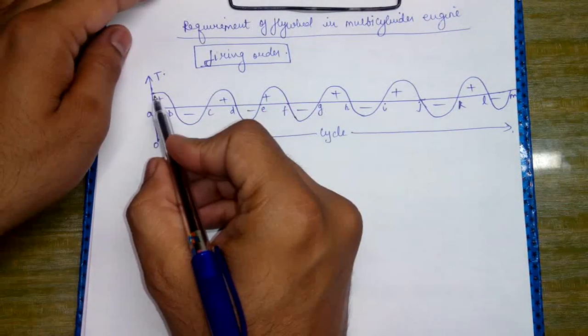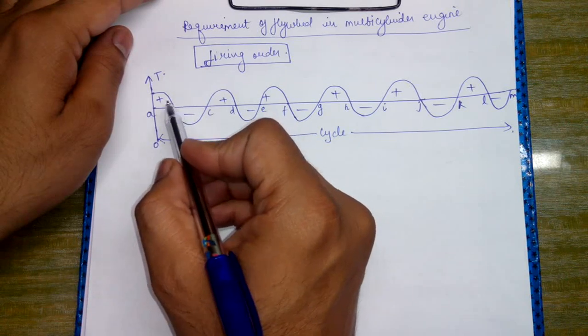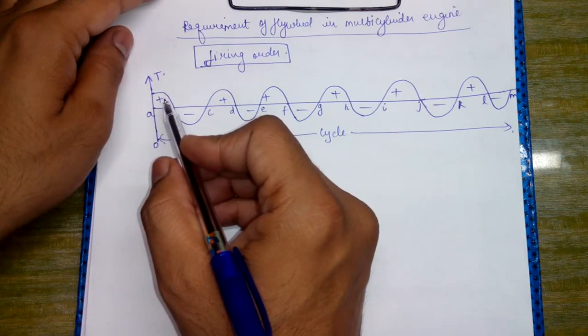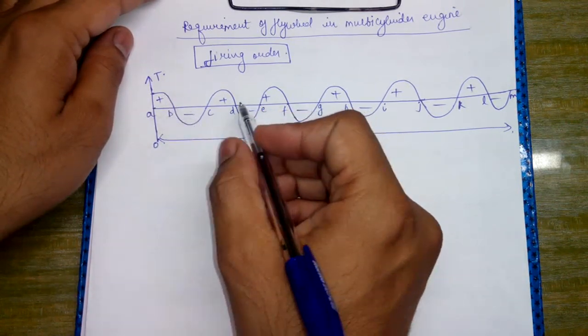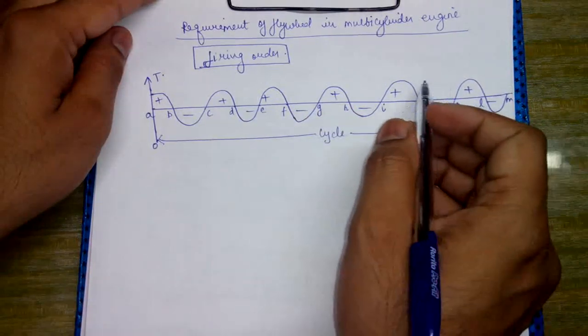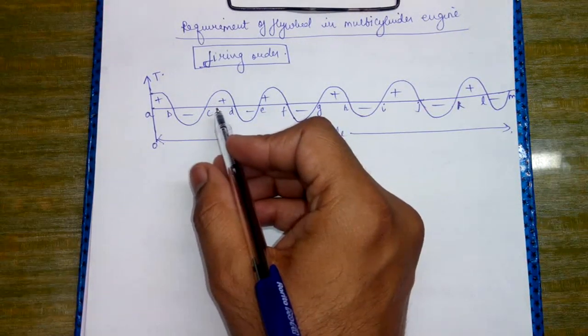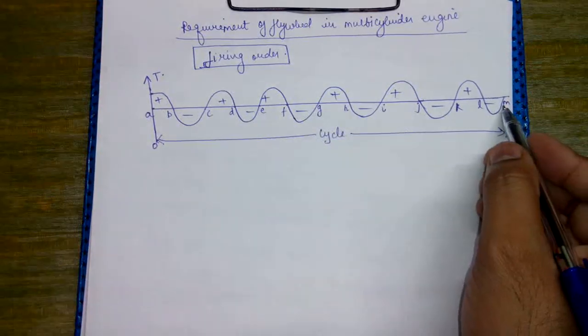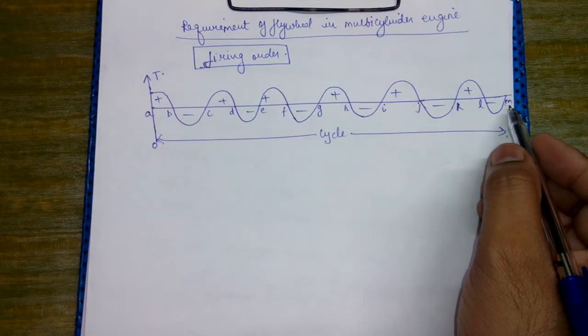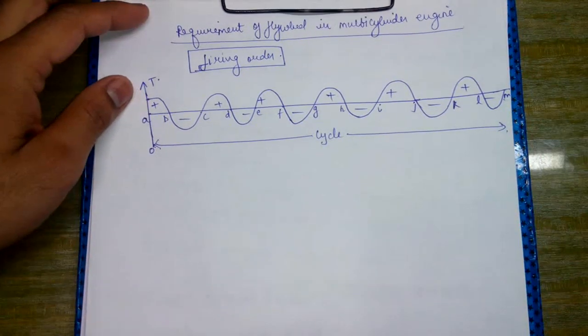Some of the areas or curves lie above, so they are indicated by the plus sign, and those below the mean torque line are represented by the minus sign. From O to the point M, we have the cycle of the system.